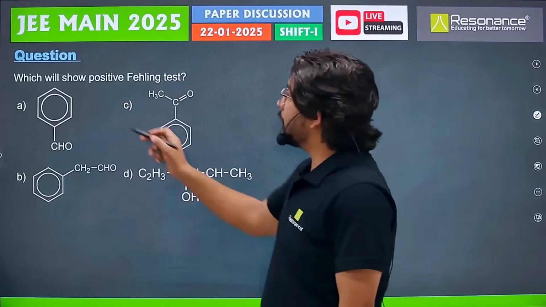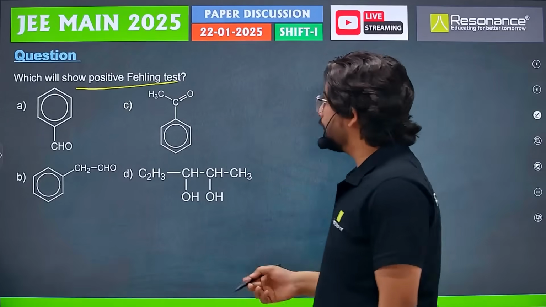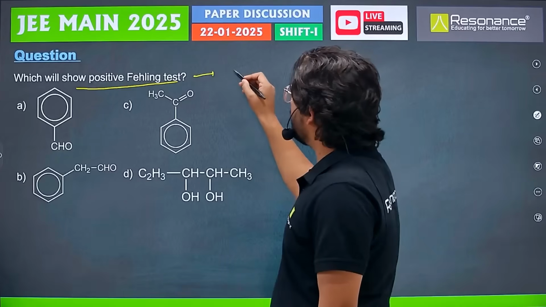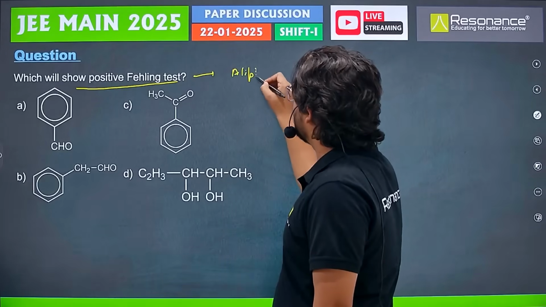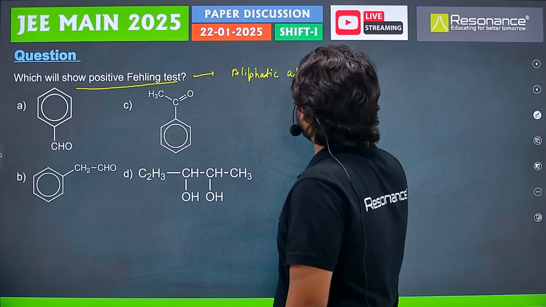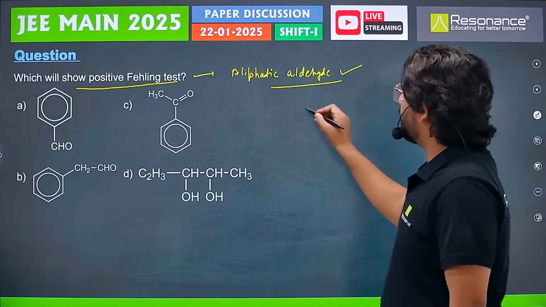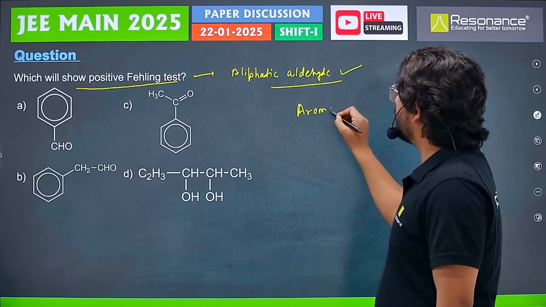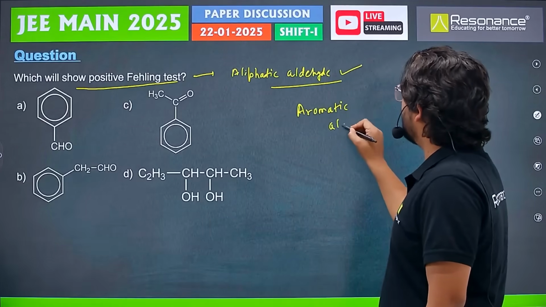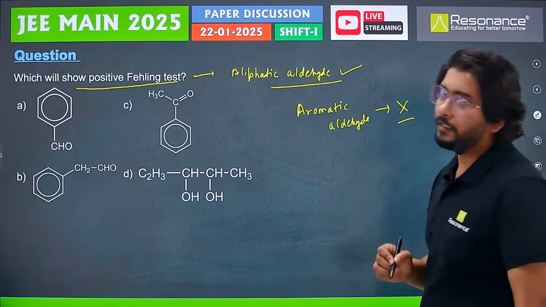This question: which will show a positive Fehling's test? Generally Fehling's test is given by aliphatic aldehyde. Aliphatic aldehyde gives Fehling's test positive, but aromatic aldehyde does not give this test.